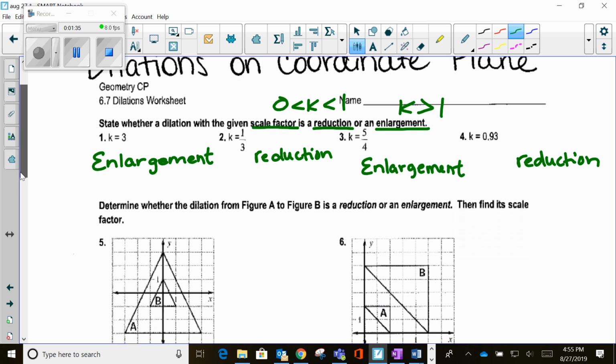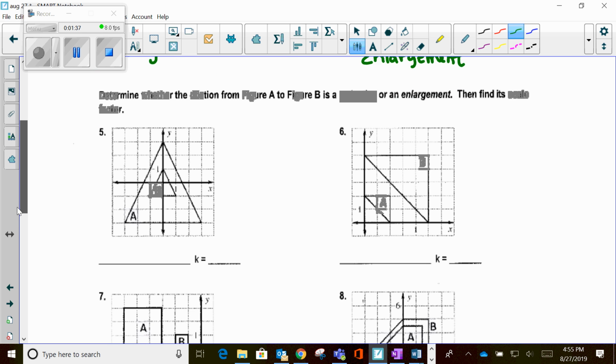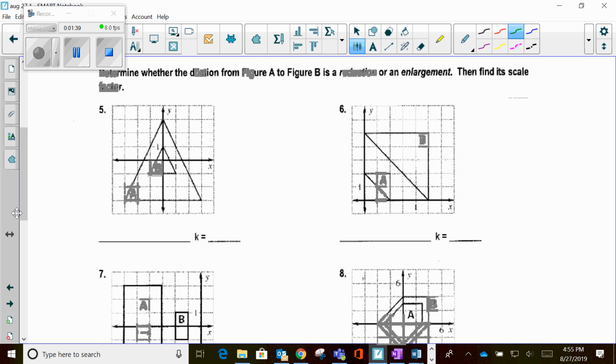Next, we are going to determine what the scale factor is from 2 figures on the coordinate plane. So we start off with looking at figure A, which is the larger triangle. That's your object.